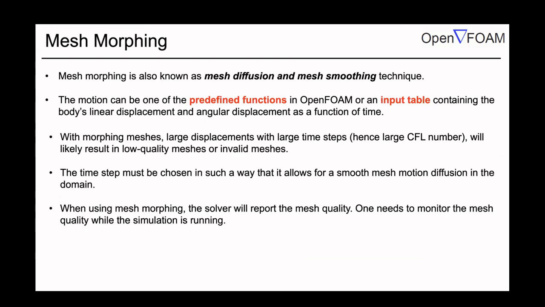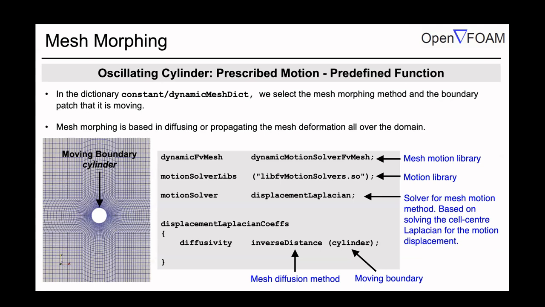Okay, so I will just directly go to the options. When you try to simulate prescribed motion through mesh morphing, which is not FSI, you actually have two different options.